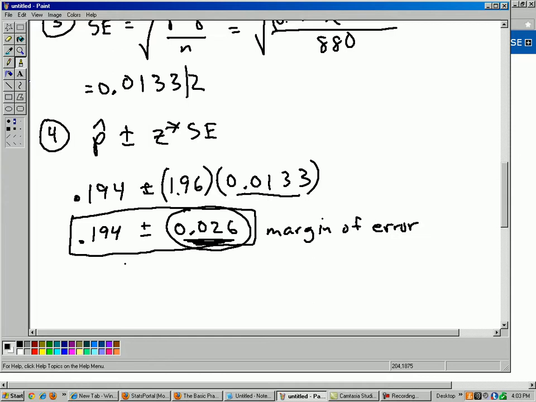Now, it's often customary to actually add and subtract those percentages here. So 0.194 plus 0.026 is 0.22, and then 0.194 minus 0.026 is 0.168.